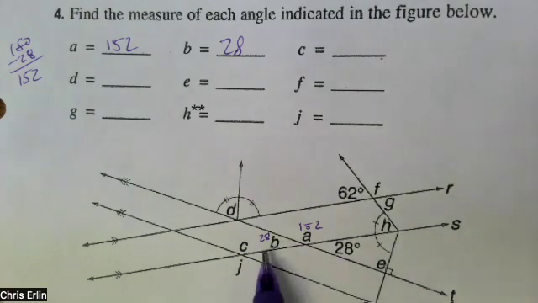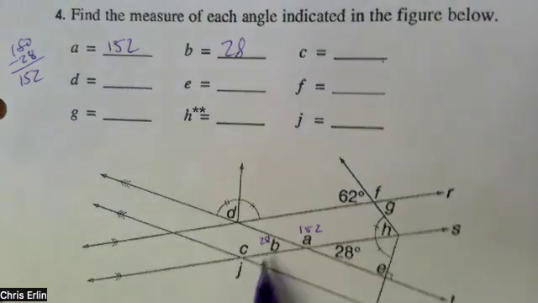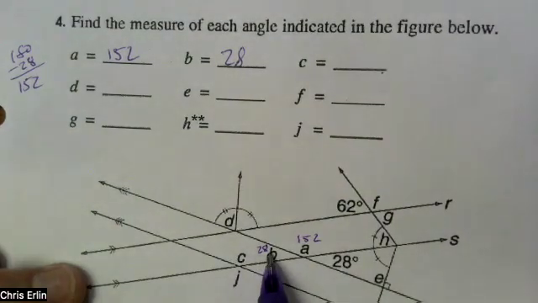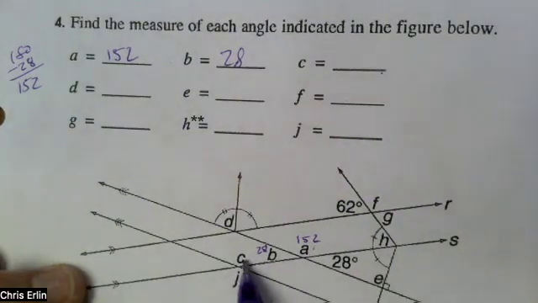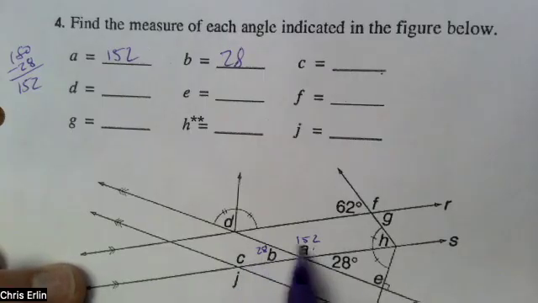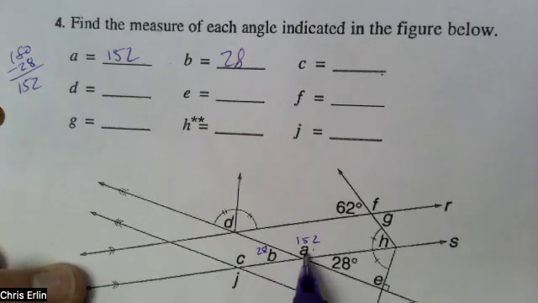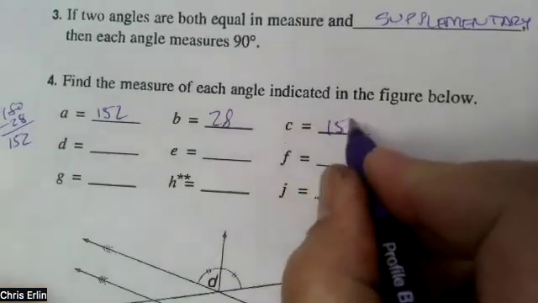Good. If parallel, transversal, same side interior, then supplementary. So I know that I'm going to take the supplement of 28. Well, that's the same as A. Could I have used A? Because A and C have what relationship? Corresponding, which would be congruent. So 152 for C.